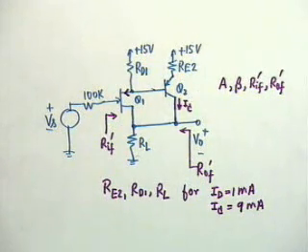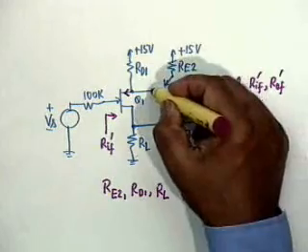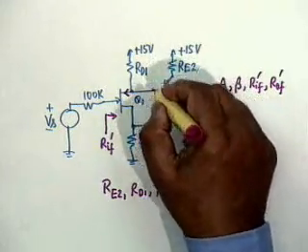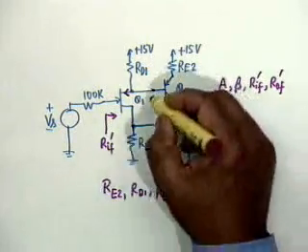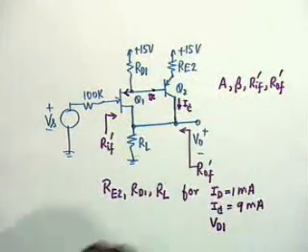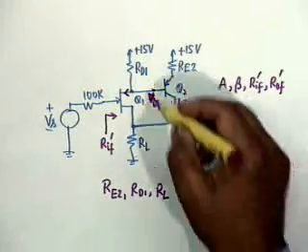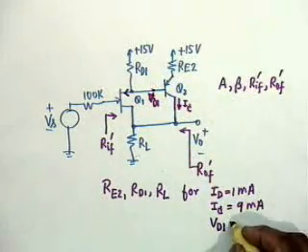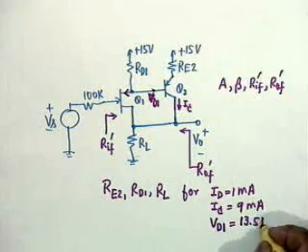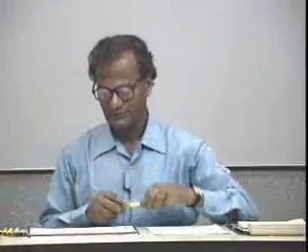All right, and VD1, that means this voltage to ground, DC voltage, VD1 to ground is equal to 13.5 volt. The transistors have the following parameters.